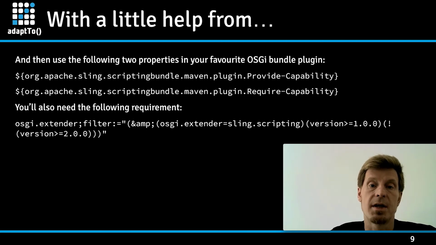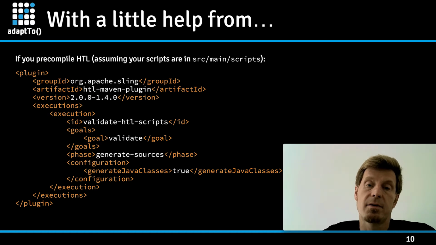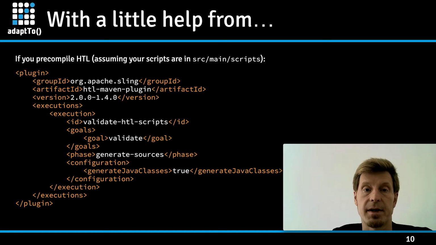And in addition, you will need to put one additional requirement for the Sling scripting extender into your bundle so that the extender can find it at runtime and starts using it. But if you do that, you already should have a functioning bundle.